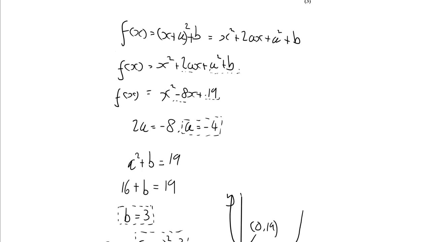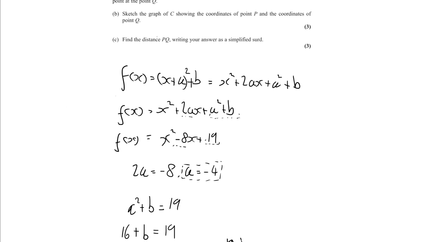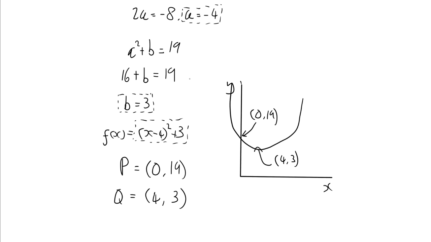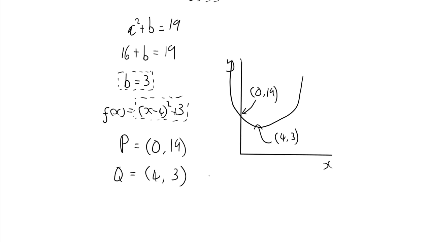For the final part of the question, we're told to find the distance PQ, writing our answer as a simplified surd. In order to do this, we know that our distance squared must be equal to our change in x squared, which is 4², plus our change in y squared, which is 16².